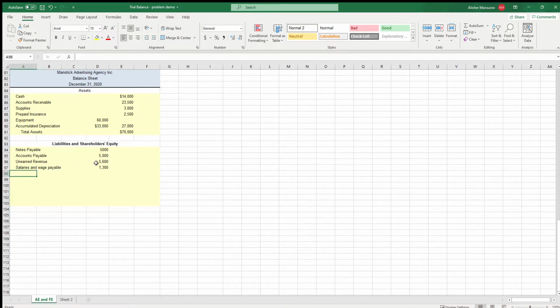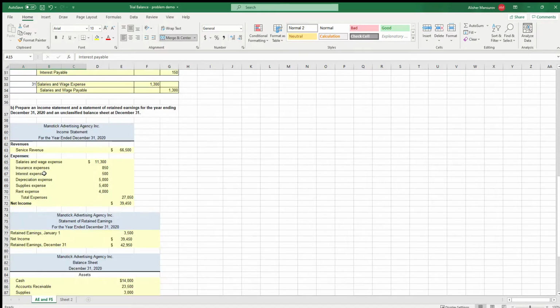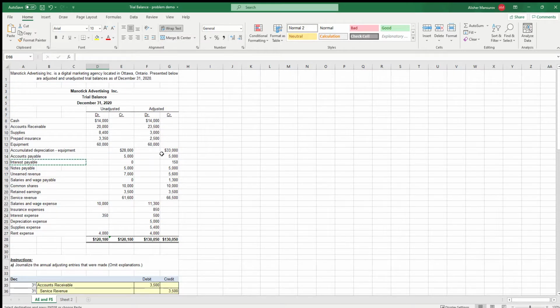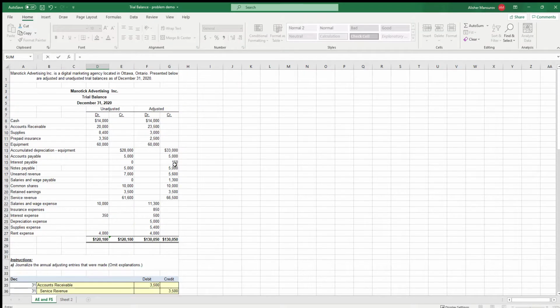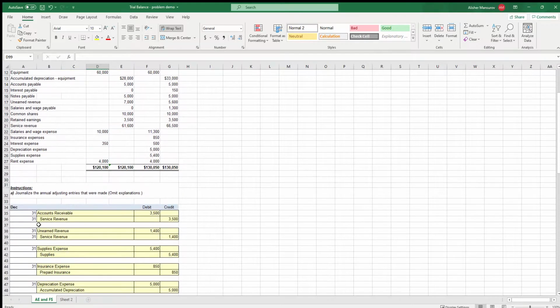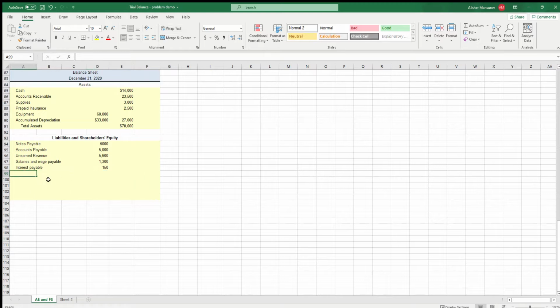It looks like, let's make sure, it looks like there's also interest payable. Let's put that one here as well. That's a liability account, and the amount there was 150, so we'll include that. Alright, looks like we don't have any more liabilities, so let's total all the liabilities.